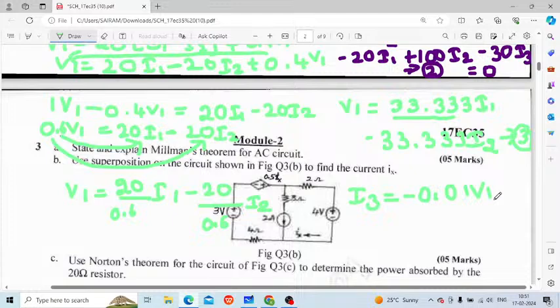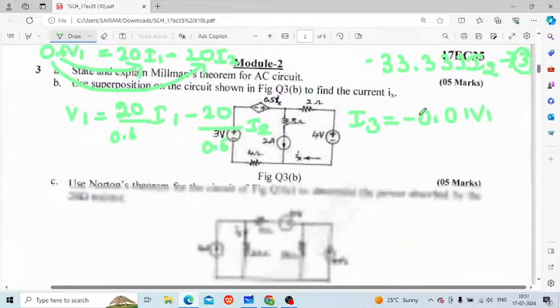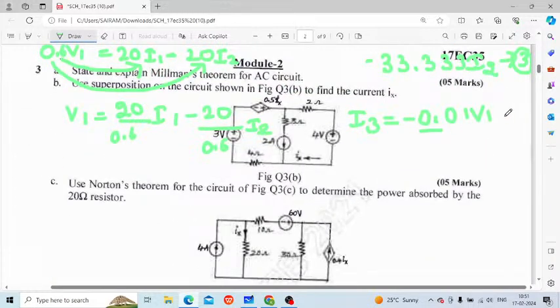Here I3 is nothing but minus 0.01 V1, because it is positive to negative in this direction. This is positive to negative, so that is why it is always negative. Therefore your current will be minus 0.01 V1.